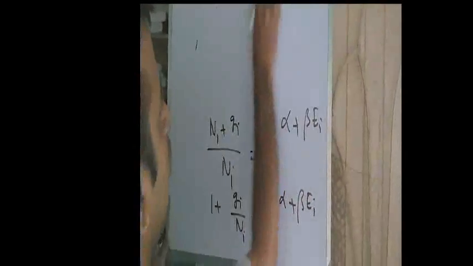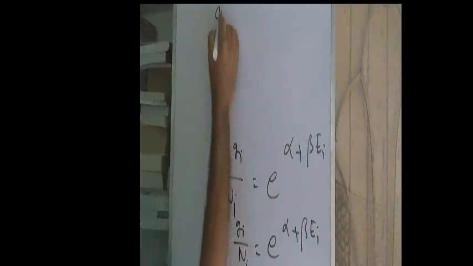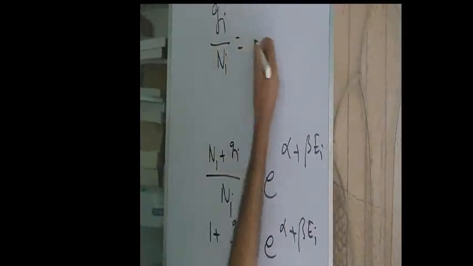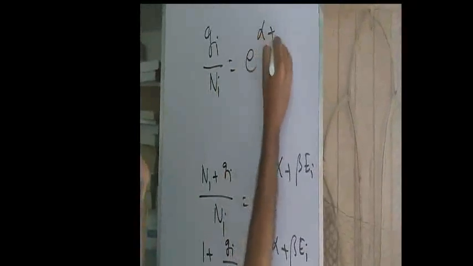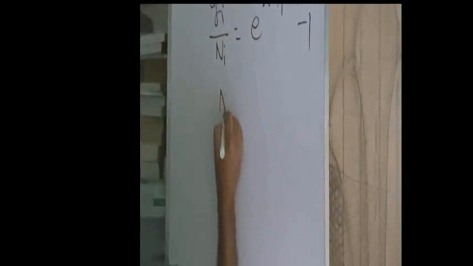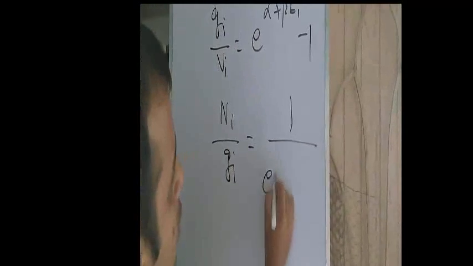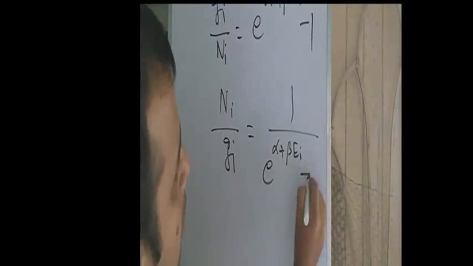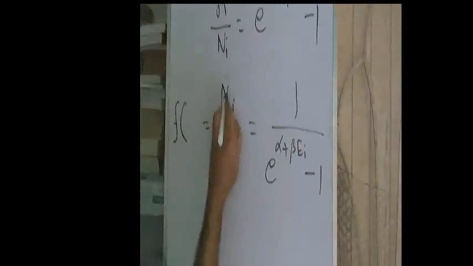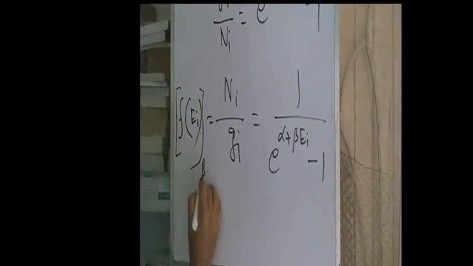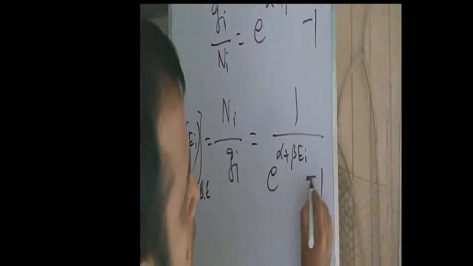So gi by ni equals e to the power alpha plus beta Ei minus 1, and ni by gi equals 1 by e to the power alpha plus beta Ei minus 1. This is the distribution of the number of particles per energy state, and this is the B.E. distribution formula.